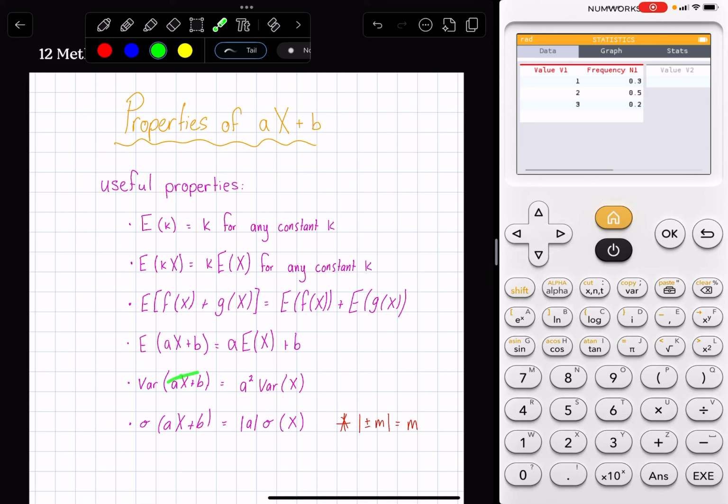The variance of that same function, ax plus b, is a squared times the variance of x. And our standard deviation is the modulus of a times the standard deviation of x. So if we're given the original mean, being the expected value, and standard deviation, we can find a transformed variable.